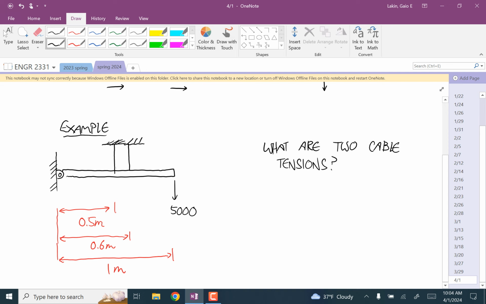So the second cable just adds extra stability to this thing to keep it from collapsing. So this is going to be statically indeterminate.